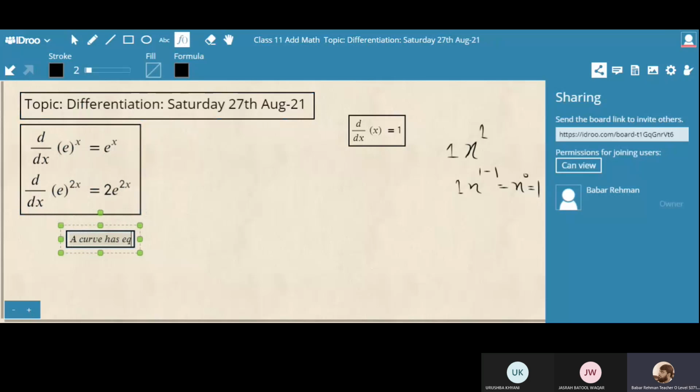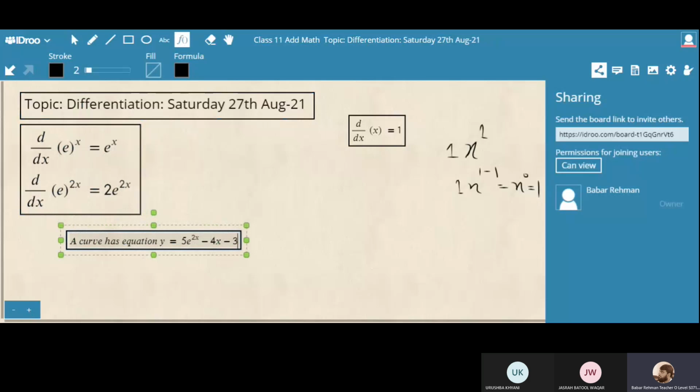A curve has equation y is equal to 5e power 2x minus 4x minus 3.